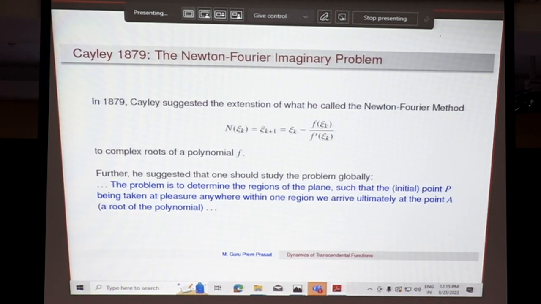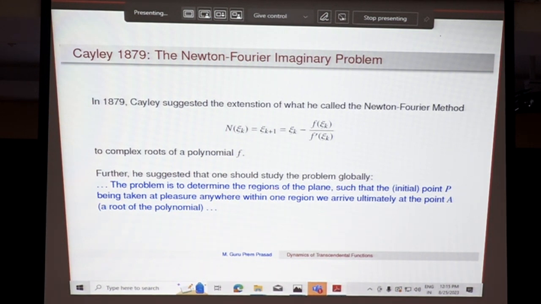As a starting point, even Cayley in 1879 was studying what he called the Newton-Fourier method. He asked: you start with an initial point, so where should it be taken, anywhere in the region, so that the iteration ultimately leads to a root of a polynomial?